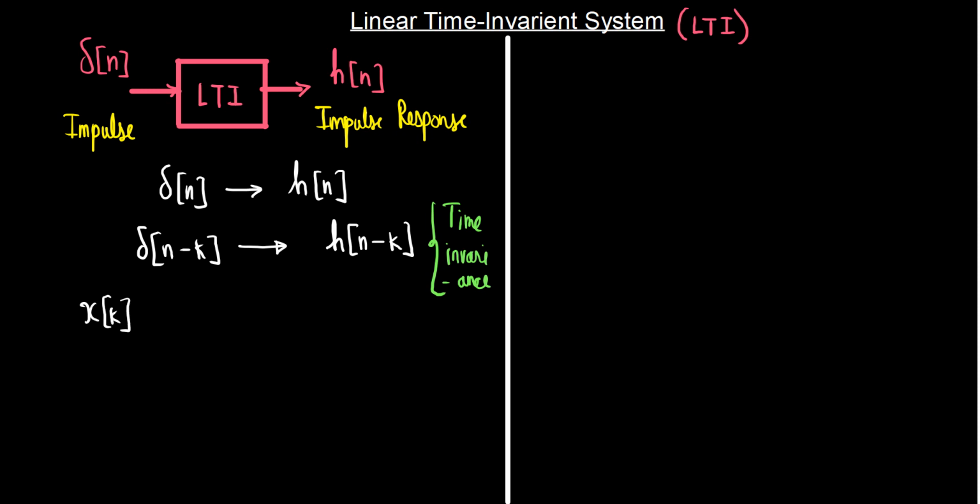X of k is simply a scalar at location k. So if we scale that impulse by a certain amount, let that be x of k, then the output must also get scaled by the same amount. So that is x of k multiplied by h of n minus k. How do we obtain this? This is obtained by taking into consideration what is called homogeneity.